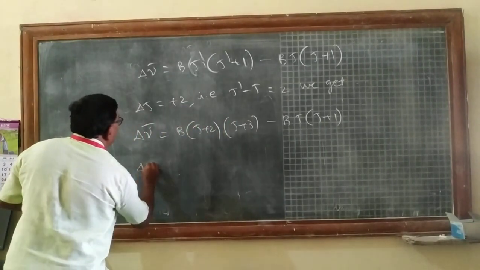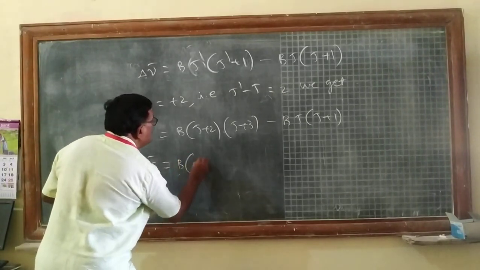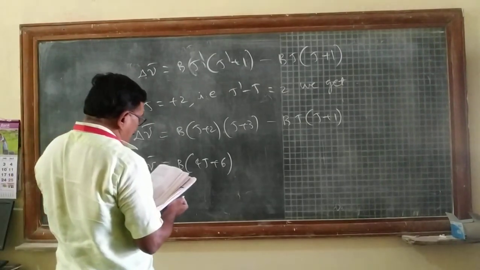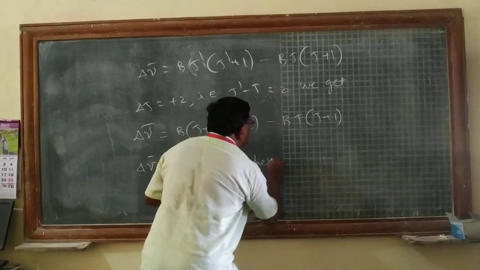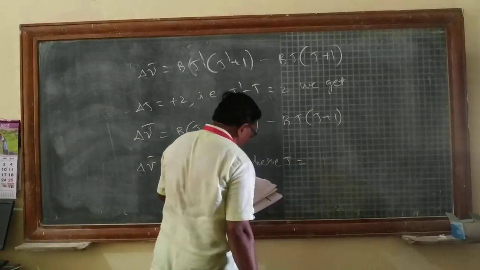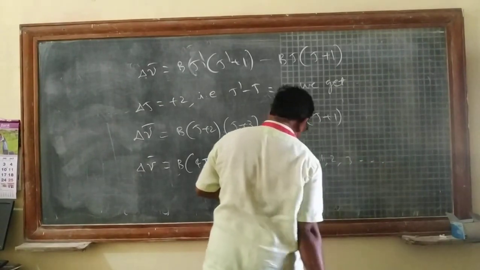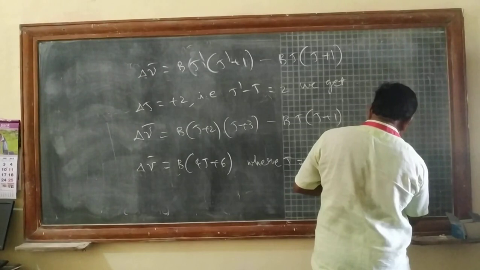So delta nu bar is equal to B into 4J plus 6, where J is equal to 0, 1, 2, 3, etc. This is equation number 3.